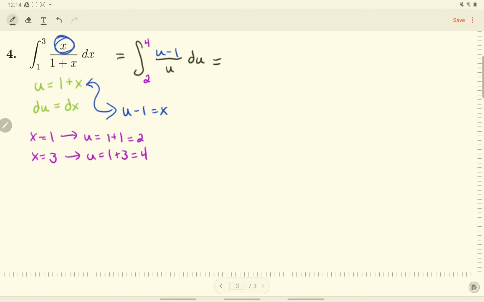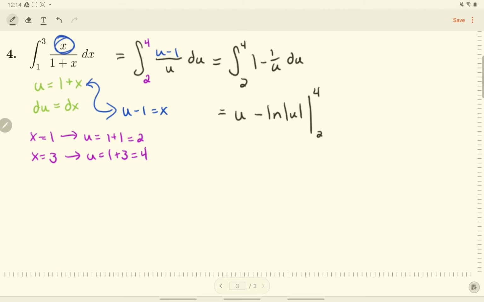The integral from 2 to 4 of u minus 1 over u. Well, let's rewrite that fraction by distributing the denominator. That's why it's nice to have a single thing in the denominator I can distribute. So I get 1 minus 1 over u, and I can integrate each piece. Okay, 1's integral is u. 1 over u's integral is natural log of u.